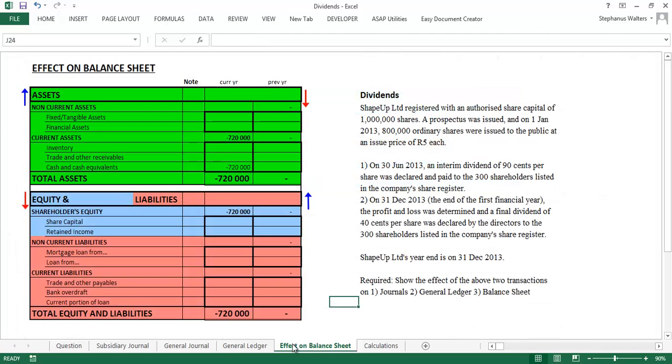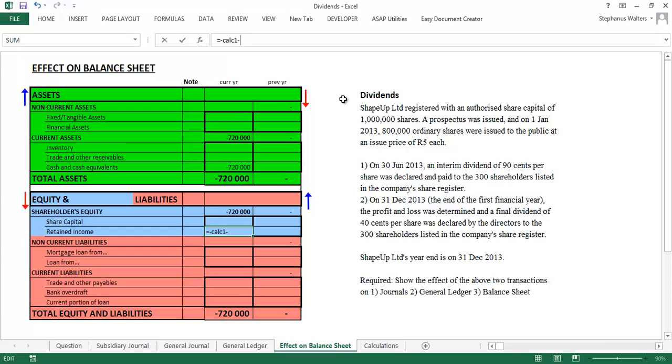Right, lastly, the effect on the balance sheet. Similarly to the previous transaction that decreased my retained earnings, the final dividends declared is going to have exactly the same effect. So if I go to my retained income, it's further going to reduce my retained income because now there will be even less money that the company retains, or less profits that the company retains.